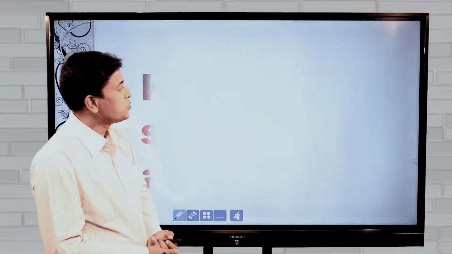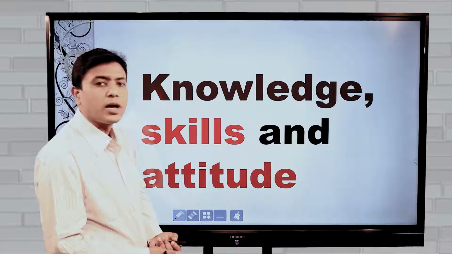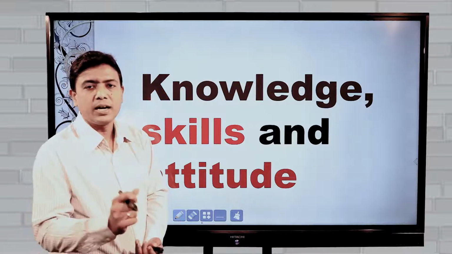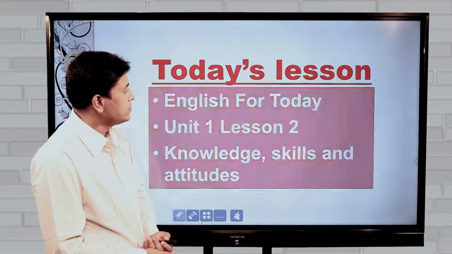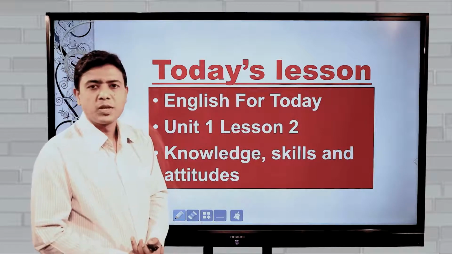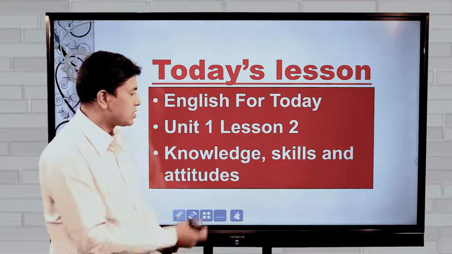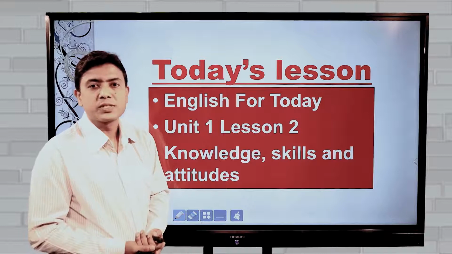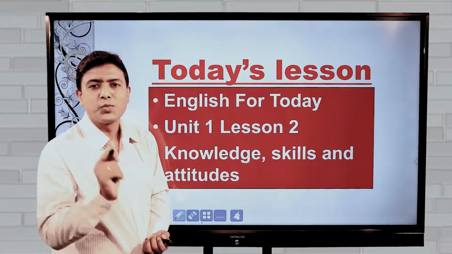So, today we will be focusing on knowledge, skills, and attitude. And therefore, in our today's lesson in English for Today, Unit 1, Lesson 2, we are going to talk about knowledge, skills, and attitudes. Please open your books and continue the lesson with me.